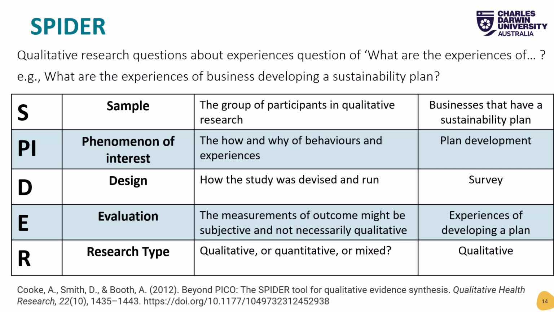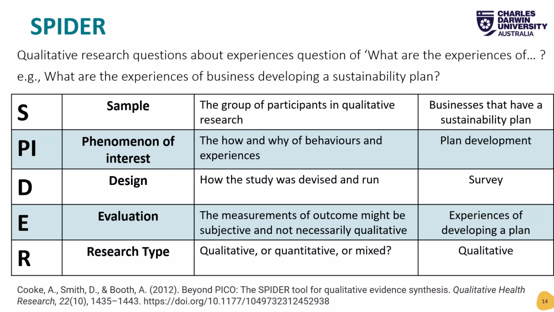For example, S stands for sample. This is the group of participants in a qualitative research question. For example, businesses that have a sustainability plan. That could include businesses or people that have developed a sustainability plan. PI is phenomenon of interest, how and why the behaviours and the experiences. For example, behaviour is the plan development. D is for design, how the study was devised and run.